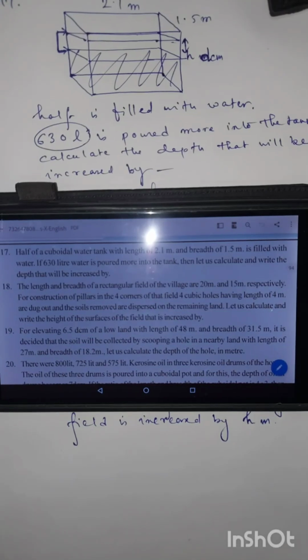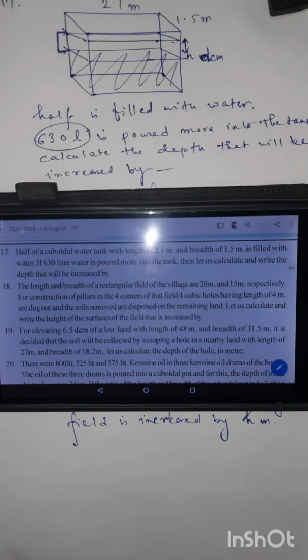Now question number 18 says the length and breadth of a rectangular field of the village are 20 meter and 15 meter respectively.